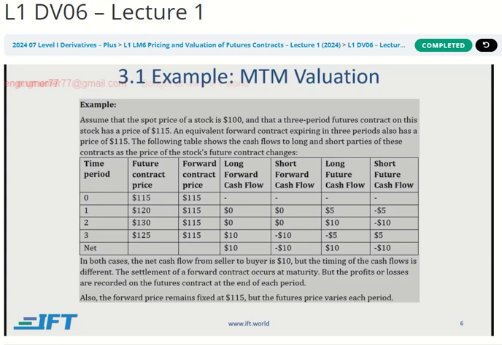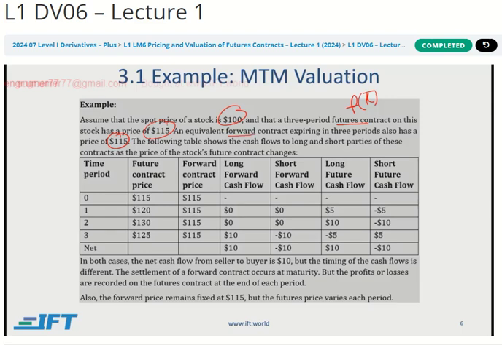Now let me demonstrate this with an example. So we have a spot price of a stock of $100, and this is a 3-period future contract. The futures contract price is 115, which is your small f, right? And obviously, because we know the forward price is calculated in the same way, the forward price is also 115.